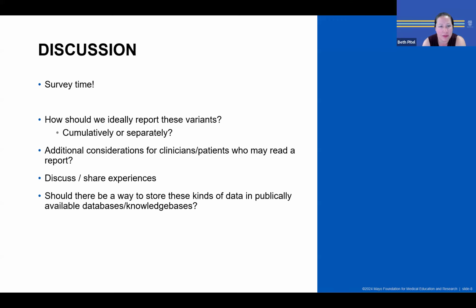I was wondering what the current practices are around variants like this. So if anyone else has a different experience with these, I would love to hear it. If not, we can move the discussion along. But I thought that this was probably one of the more important points.